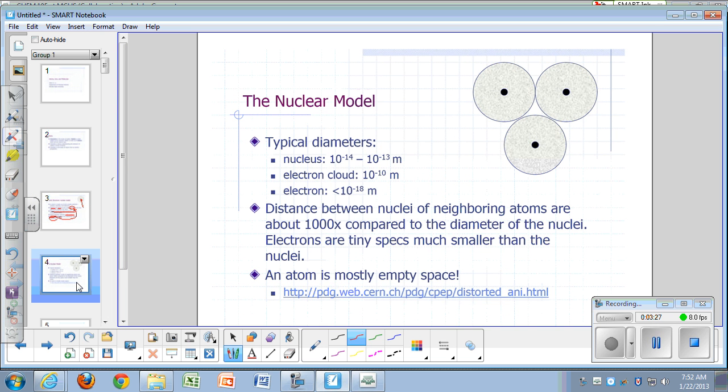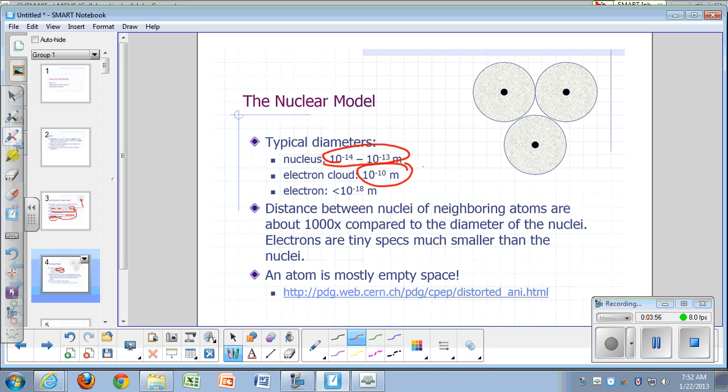Well, the typical diameter of the nucleus is 10 to the negative 13 to 10 to the negative 14 meters. So that's a tenth of a trillionth to a trillionth of a meter. And for a typical electron cloud, if you put neighboring atoms as close as possible to each other, the diameter of the electron cloud would be about 10 to the negative 10 meters.